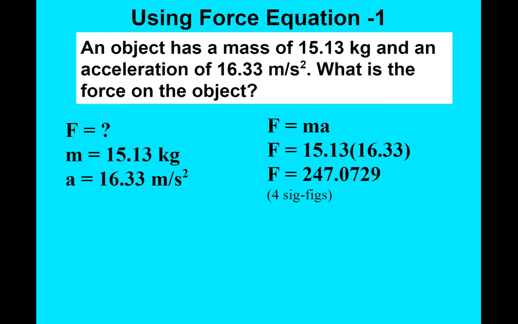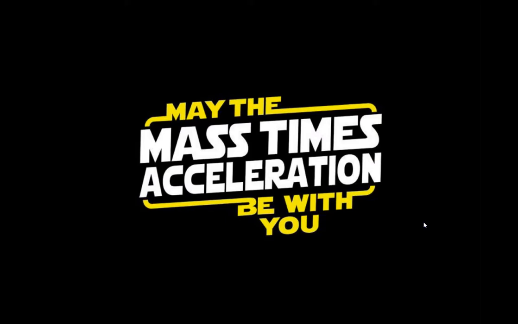There are four significant figures that you're looking for, because both of the numbers you're multiplying have four significant figures, so the product is going to have four significant figures too. If we round this off to four, that means we're rounding to here, and that rounds up. So that's 247.1 newtons. Just algebra, not that big a deal.